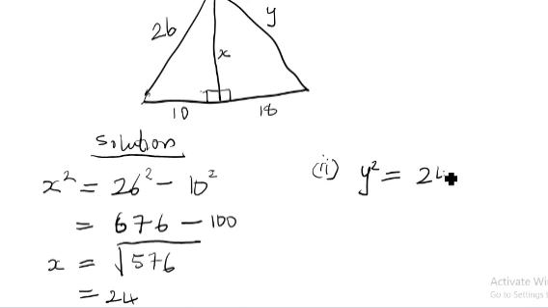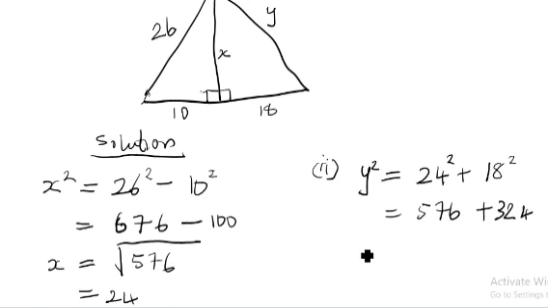I have 24 squared plus 18 squared. 24 squared gives you 576, plus 18 squared, which gives you 324.